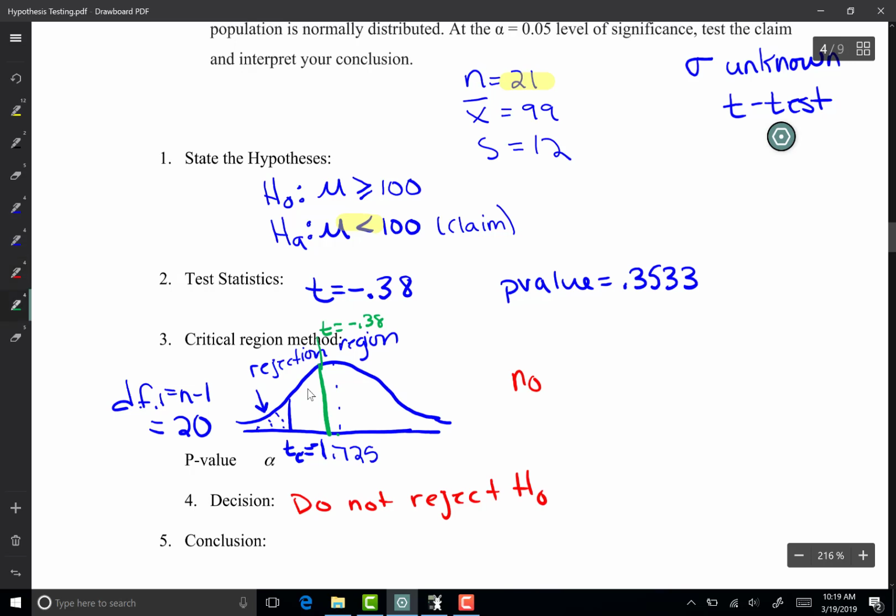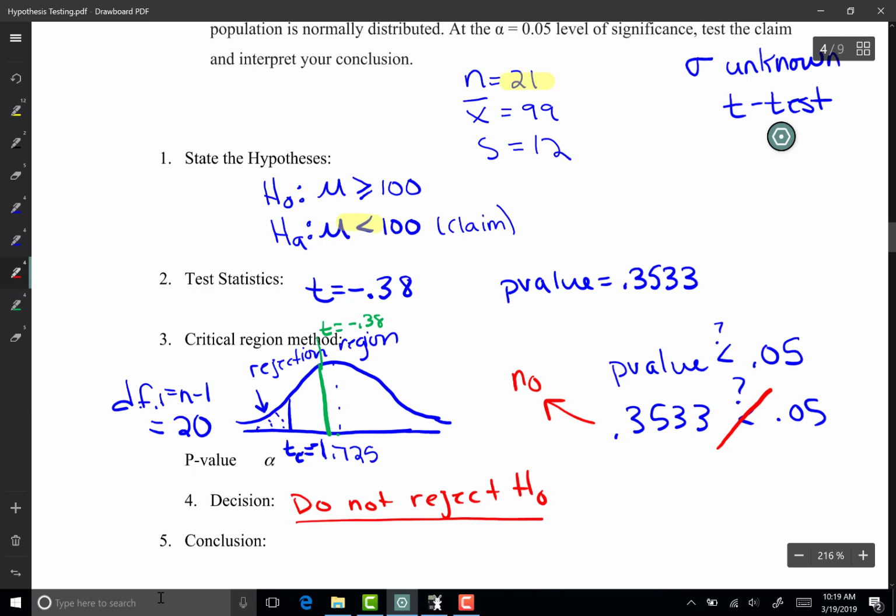And then looking at the p-value, we want to know, is the p-value less than alpha, 0.05? Is 0.3533 less than 0.05? And of course, no, it is not. So again, my answer is no, which means I do not reject H naught.